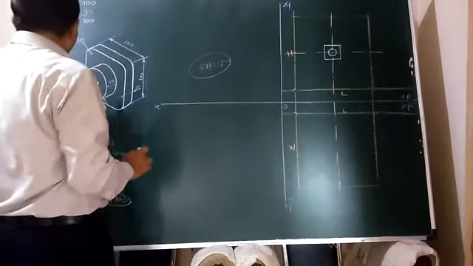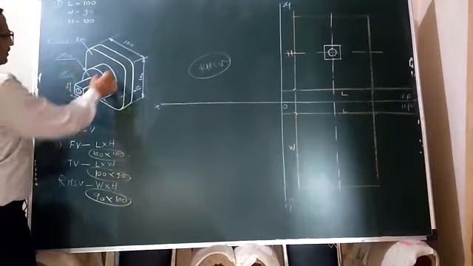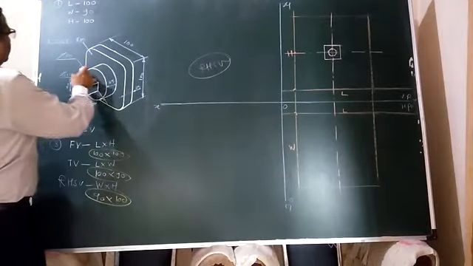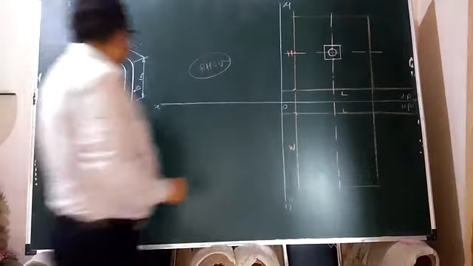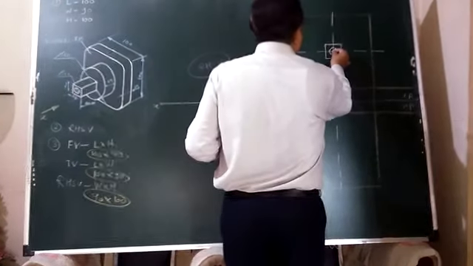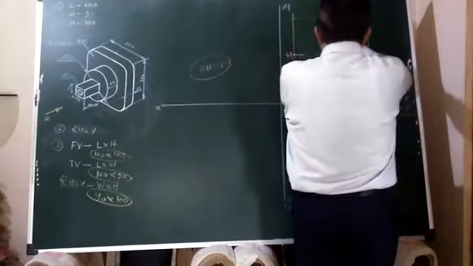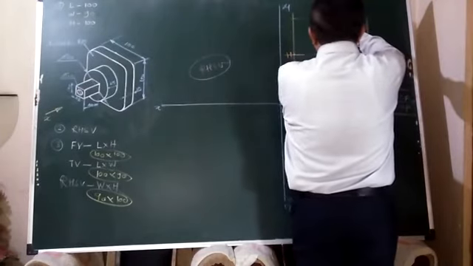This is phi 60, the cylindrical part, the plate which is fitted just over this square plate, is of diameter 60. Okay, so the radius will be 30. So about this point only, by compass only, you have to complete that circle carrying 30 mm radius. So the diameter will be 60.